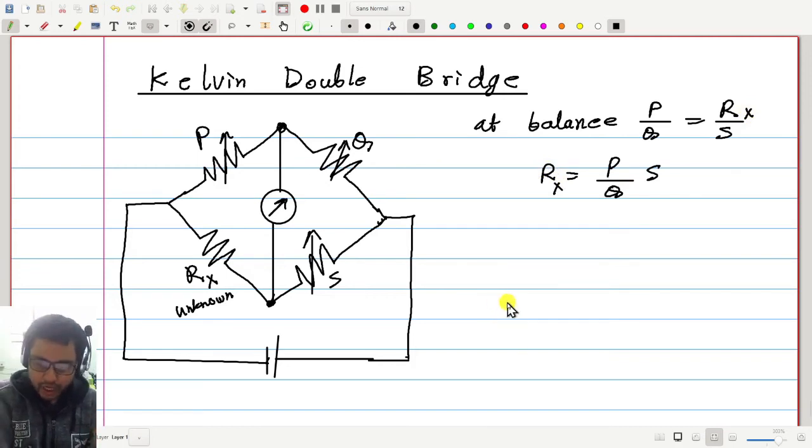Now suppose the unknown resistance that we are measuring is of a low value, a small resistance.